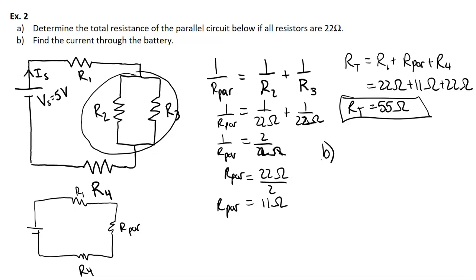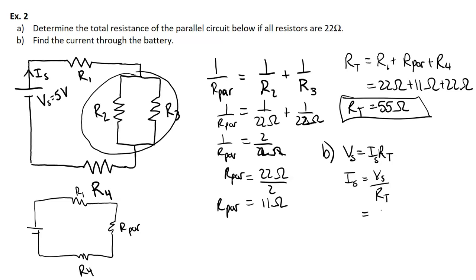And then part B is just asking the current through the battery. Well, we know the total resistance, we know the voltage, so we know that V equals IR. In terms of this situation, it's the total resistance, the source voltage, and the source current. Then I can rearrange that to find IS. It's just going to be the source voltage divided by the total resistance.